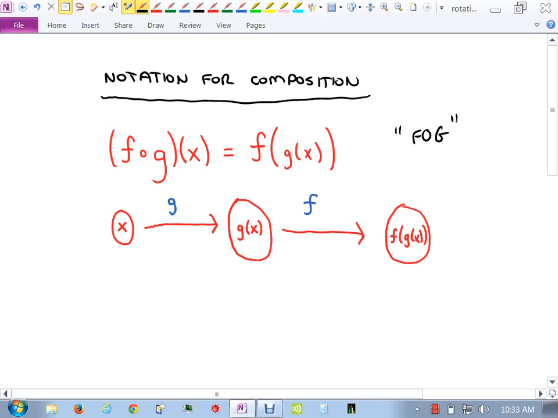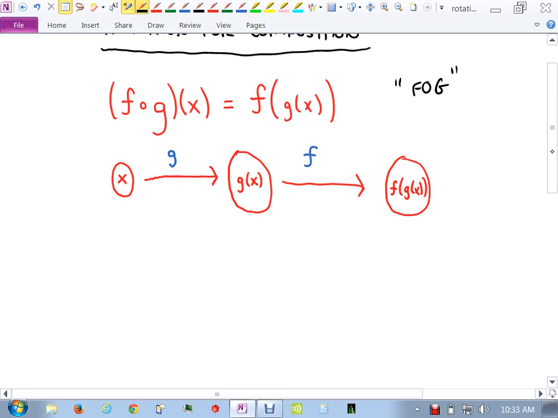Or you could do G, then you could call it GOG. And then you could do F, then G, then F again, and then G, so you could pass it many times. At some point, it gets silly to try and label it all. It's better for you to just understand what's happening.